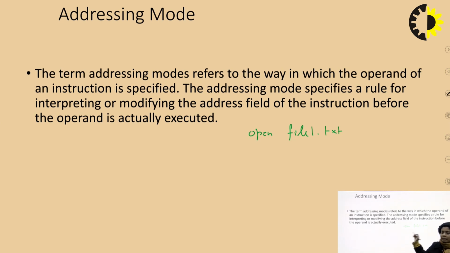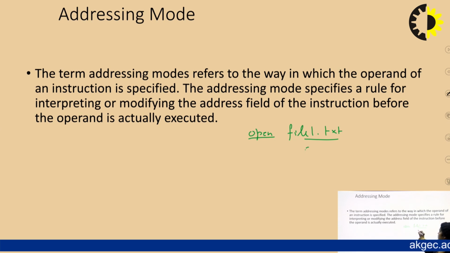The opcode is the operation you perform, so here the opcode is open, and file 1.txt, on which you perform the operation, is the operand.